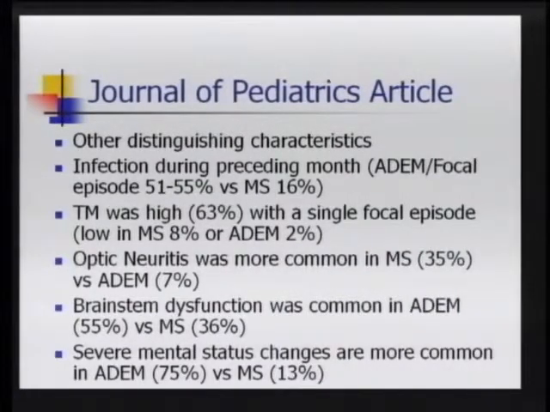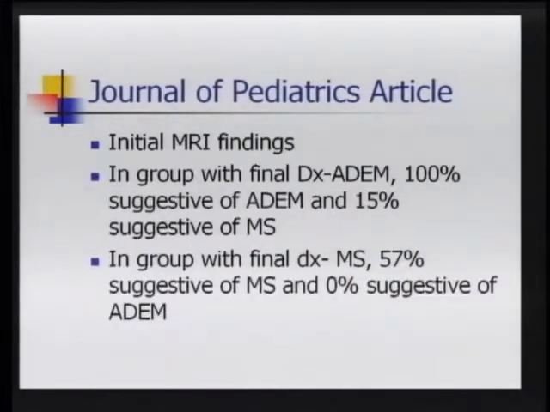Brainstem dysfunction was a little bit more common in ADEM, and that sort of goes along with the fact that ADEM tends to present acutely with an encephalopathy, i.e. the severe mental status changes are much more common in kids who have pediatric ADEM as opposed to multiple sclerosis.